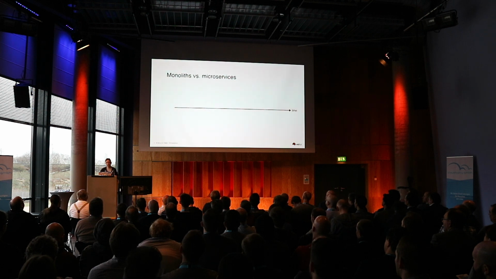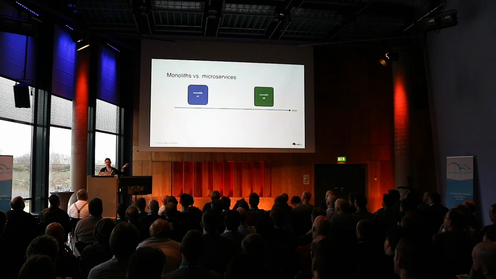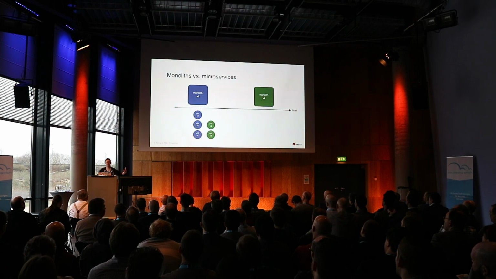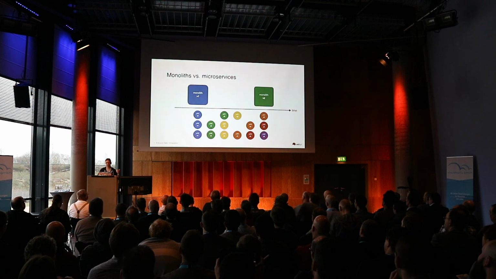If you think back to the monolith, you have a version 1, and 6 months later, if you're lucky, you have a version 2. With Kubernetes, if you're actually all in, if you're really writing microservices, it looks more like that. You have a couple of microservices in different versions, and every day, every hour, whatever, you churn out new versions.